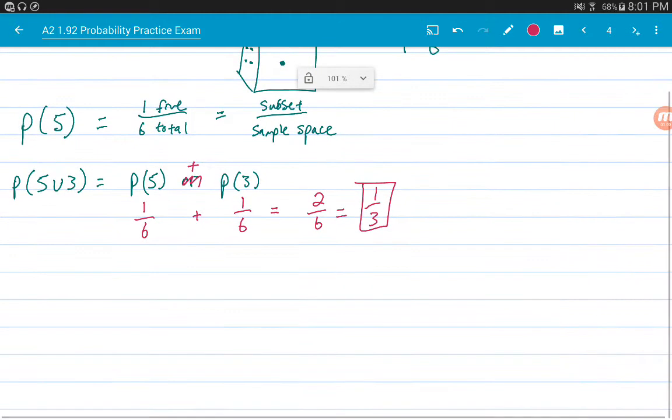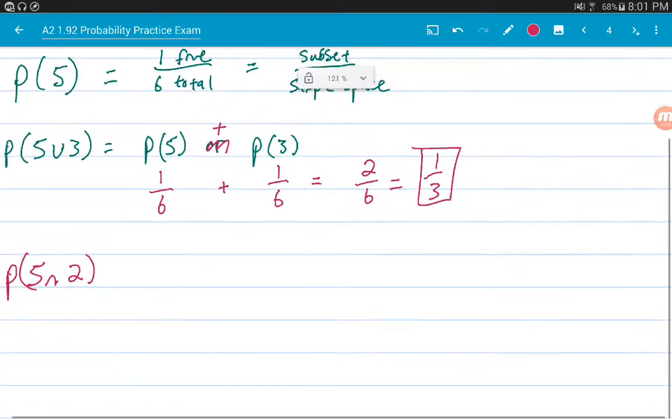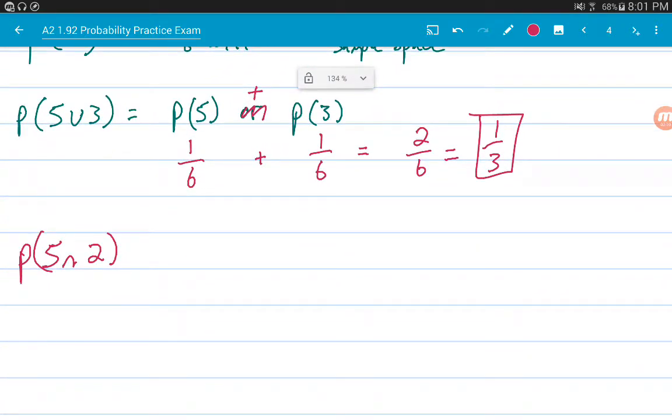If you saw something like this, the probability of 5 and 2, right? What this is asking is not the probability of getting a 5 and then getting a 2.